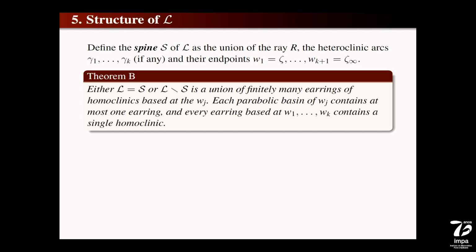And if you take a look at, say, W1, W2, all the way to WK, if there are any earrings attached to those points, they have to be single loop. The only place you can have a Hawaiian earring is the last one.